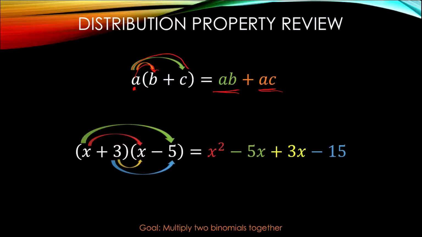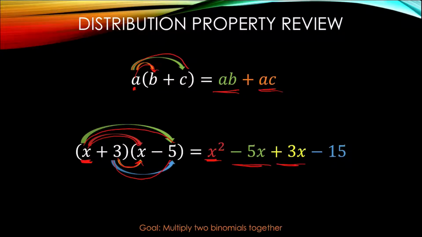All right. Well, what if I have two binomials? What I'm going to do is take the first term in the binomial and multiply it, which is what I'm doing when I'm distributing. I'm going to distribute it to the x. So x times x is x squared. Distribute this x to that negative 5, which gives me negative 5x. 3 times x gives me positive 3x.